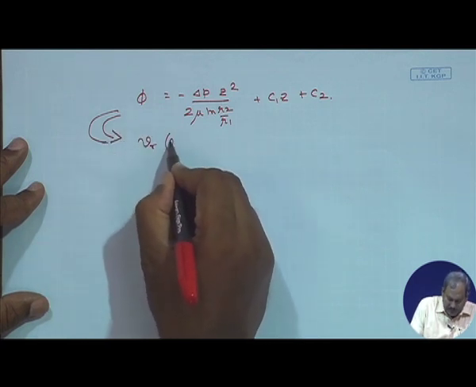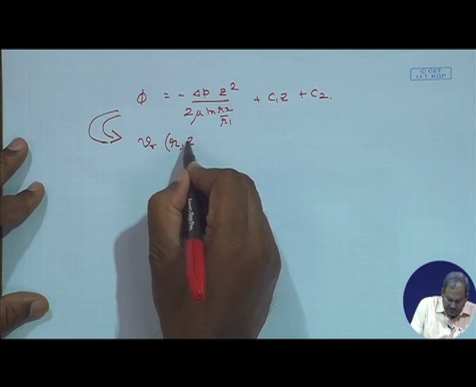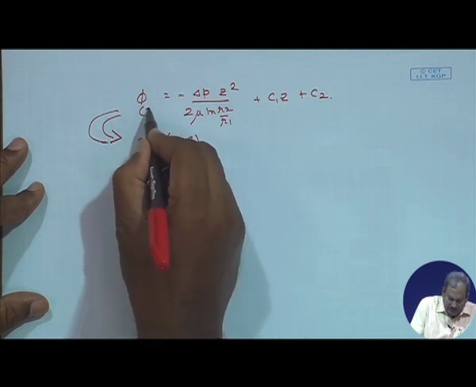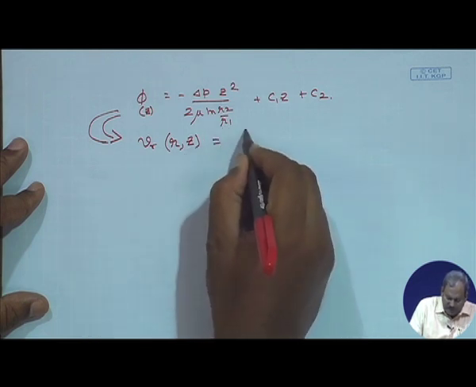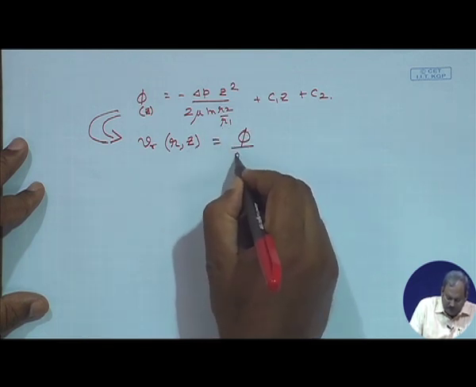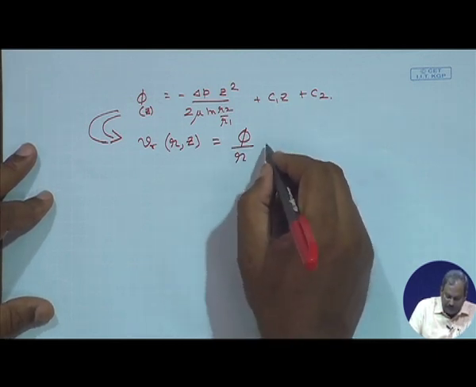This would give me Vr, which I realize is a function of r and z. Phi is a function of z only, but Vr is a function of r and z, as we have seen from our equation of continuity, Vr is phi by r.